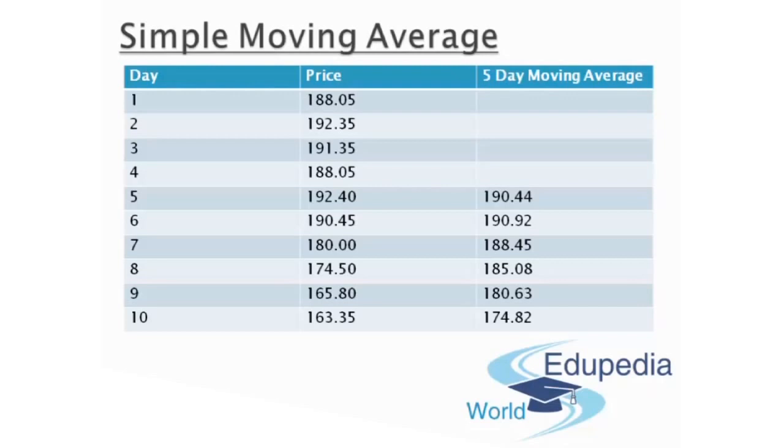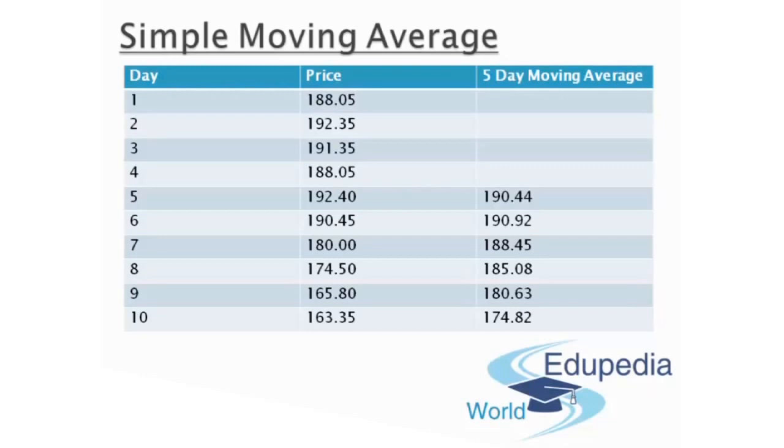I'll simply add 188.05, 192.35, 191.35, 188.05, and finally 192.40. I'll add all these 5 days' prices and divide by 5, whereby I get the 5-day moving average as 190.44 for the first 5 days. That's how simple moving average is calculated.